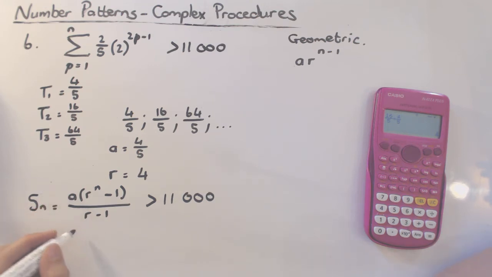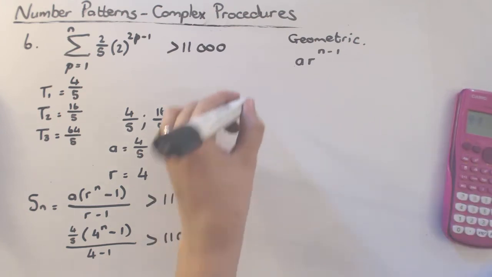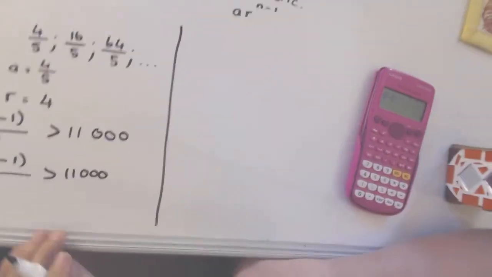Okay, so my a value is 4 over 5. My r value is 4, so 4 to the power of n minus 1 over 4 minus 1 is bigger than 11,000. I'm just going to continue here on this side.